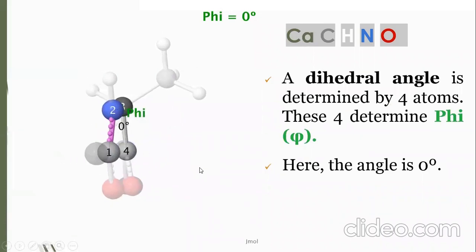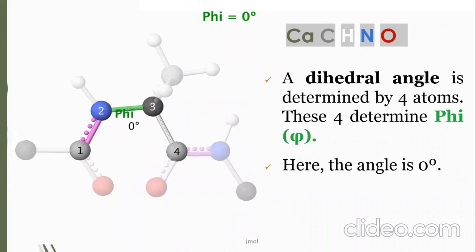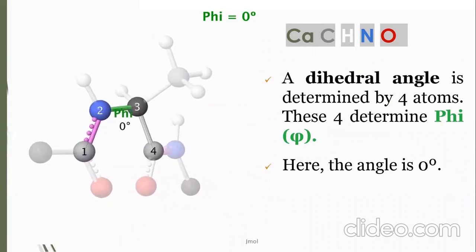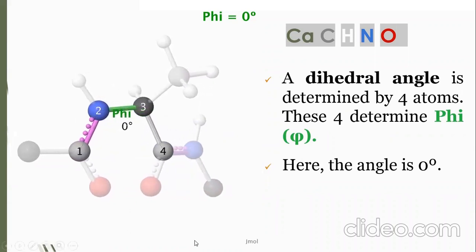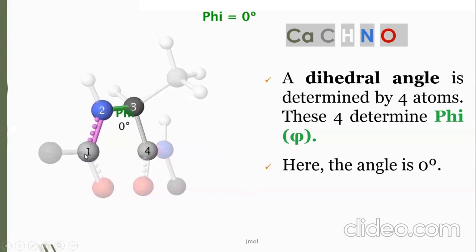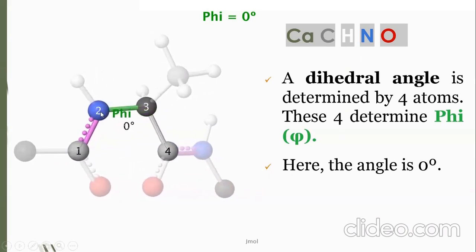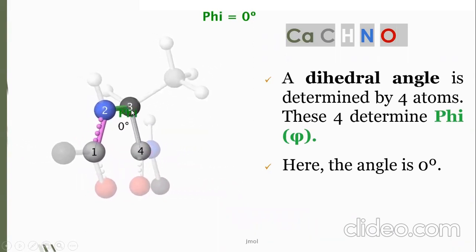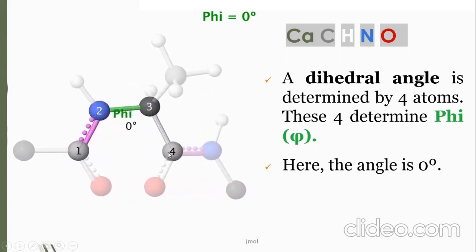So again, let's check how we can determine the Phi angle. Here the animation makes it easy to know. Like previously, we have to locate the four residues. This one is residue 1, this one is the nitrogen, and that is residue 2. This one is the carbonyl carbon, this one is the alpha carbon, and this is residue 3, and this is residue 4.